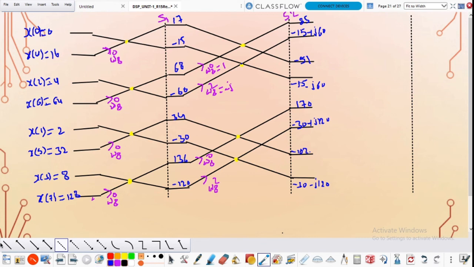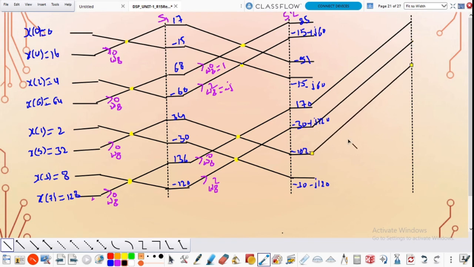Out of all of these samples, the down 4 samples are drawn in the upward direction, and the up 4 samples are drawn in the downward direction.